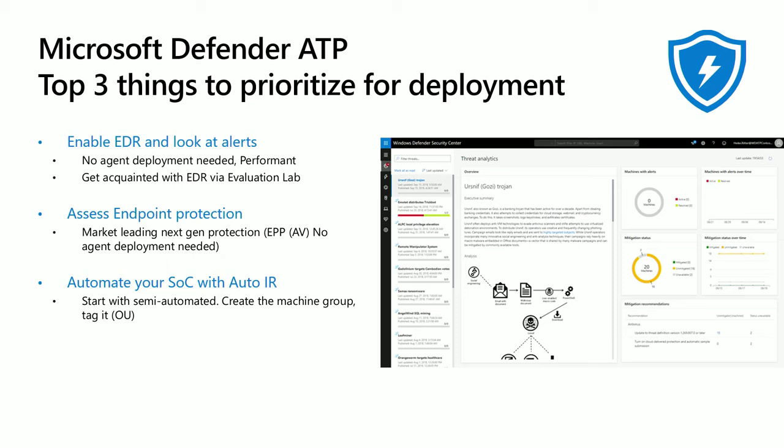And the last thing is automate your SOC with auto IR. This is the second question again. How many of you are using the auto IR feature in Defender ATP? Not many. This is the third one.